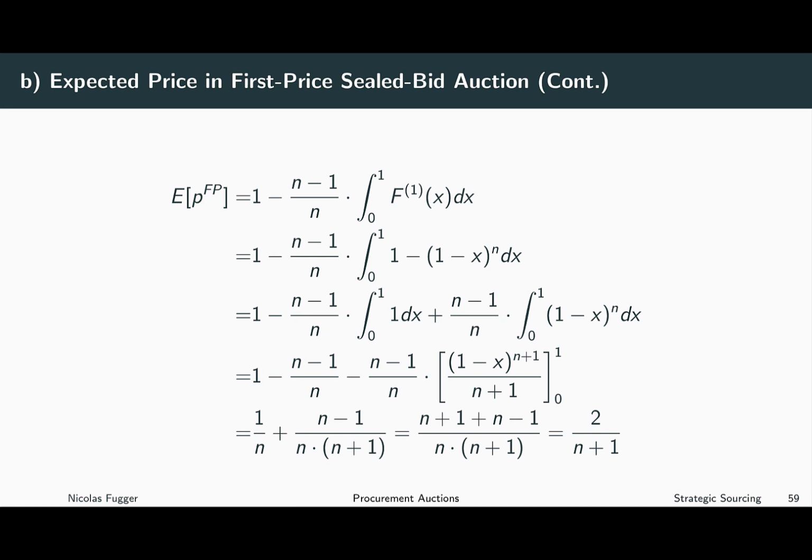And we get (n minus 1) divided by (n plus 1). If we combine those two terms, we have (n plus 1 plus n minus 1) divided by n times (n plus 1). We end up with 2 divided by (n plus 1) as the expected price in a first price sealed bid auction with bidders' costs uniformly distributed between 0 and 1.